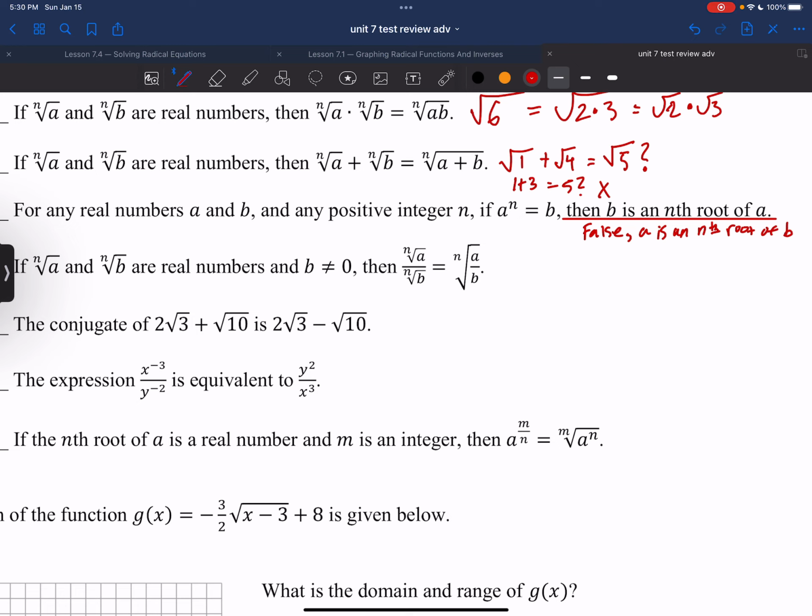Right, because if you, or hold on, wait. If a to the nth equals b, then a is the nth root of b. Yeah. Sorry. I gotta double check on that later. I'm pretty sure, yeah, it's the a versus the b. It's the placement of, is a an nth root of b, or is b an nth root of a?